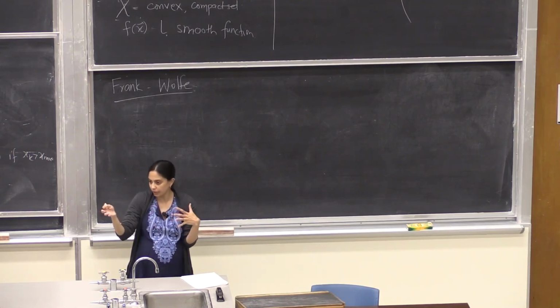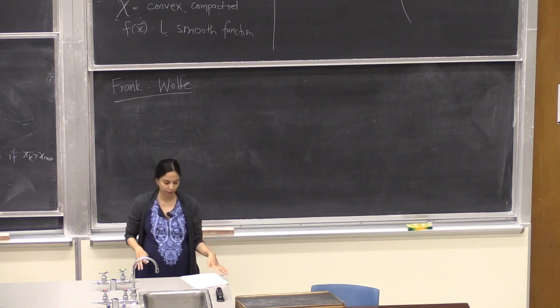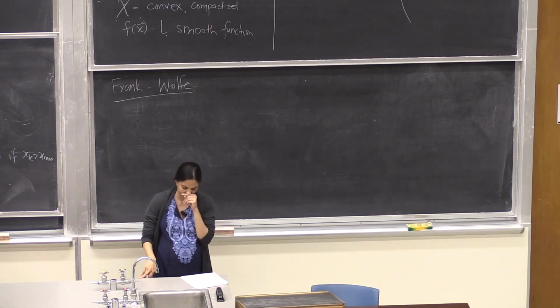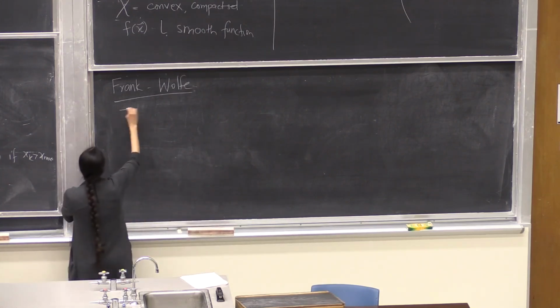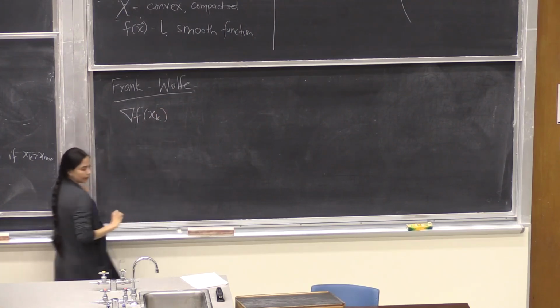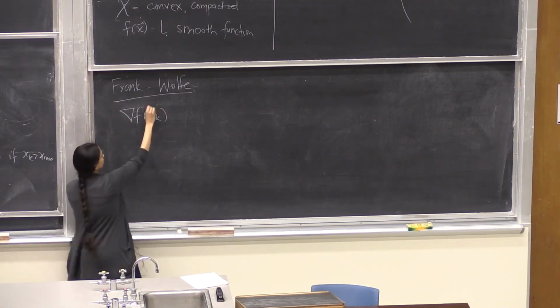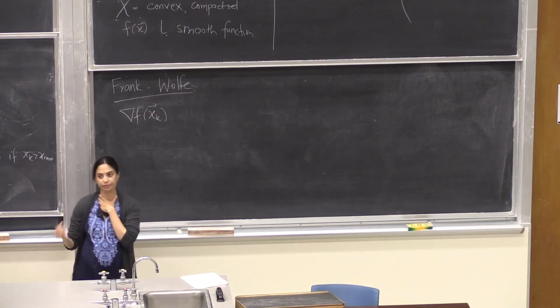We can't do it the way you were thinking, but this is another way of trying to do that, right? And so we want to move basically in the direction of the gradient of f at xk, right?